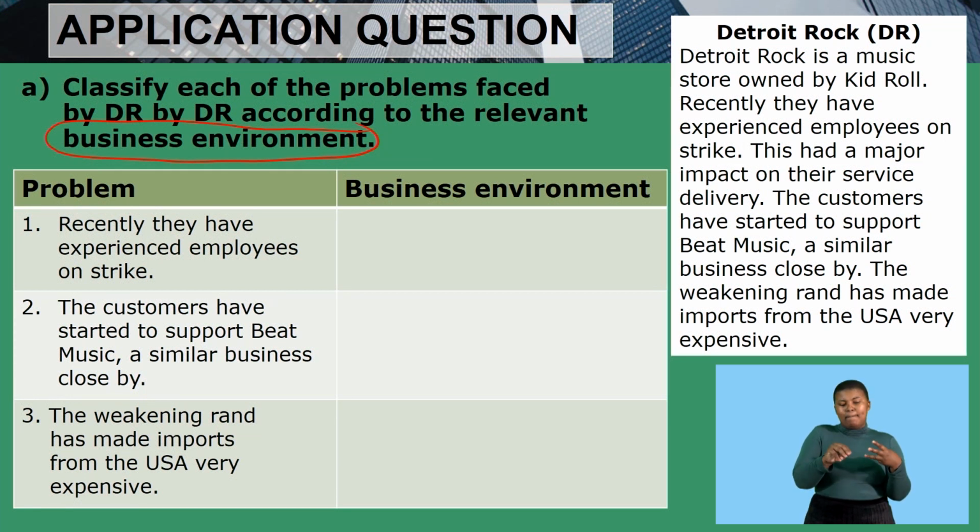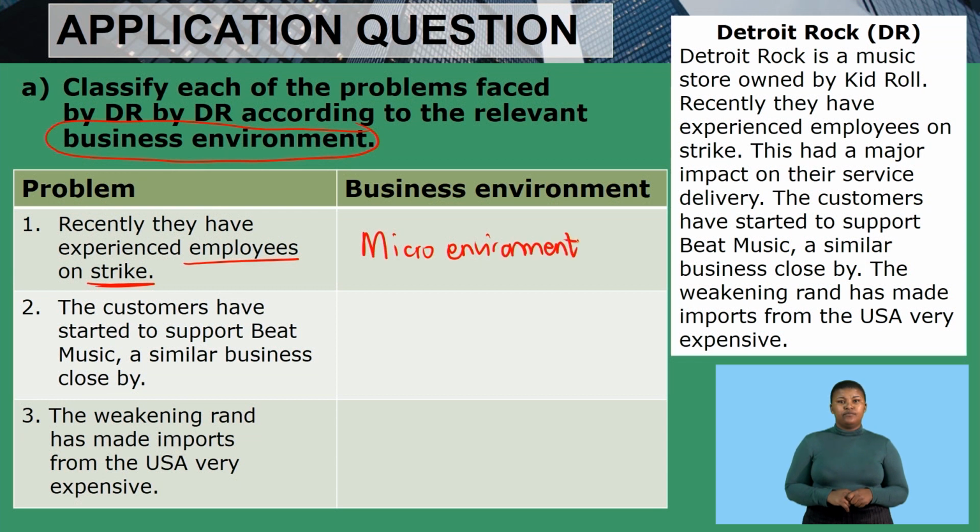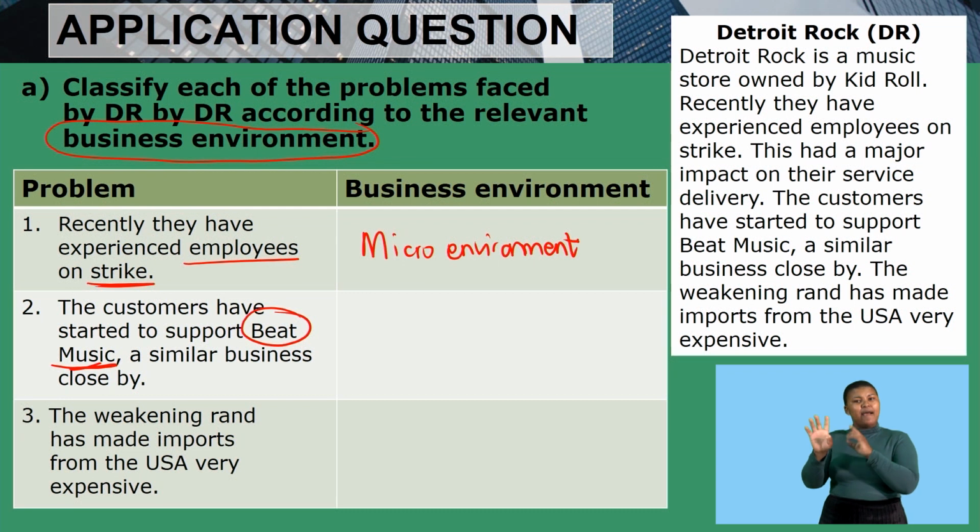Our first problem is the employees that are on strike. All right? So employees is, of course, a component in our micro environment. So our relevant business environment for this one will be the micro environment. All right, so that's our first problem classified. Let's take a look at our second problem. The customers have started to support Beat Music, a similar business, there's a second clue, nearby.